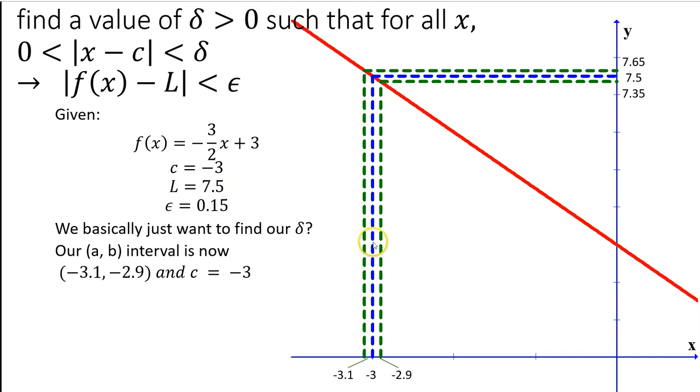Now basically what we're doing, let's look at this conceptually. Basically your limit says as you get closer and closer to an x value, so here's your x value of negative 3, this is your c. So as x gets close to negative 3, what's happening to your y value?